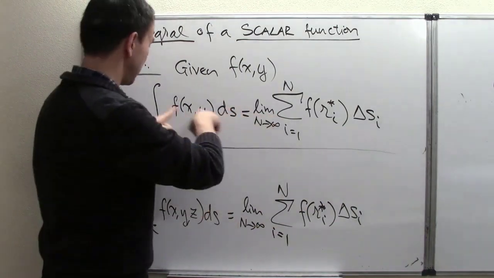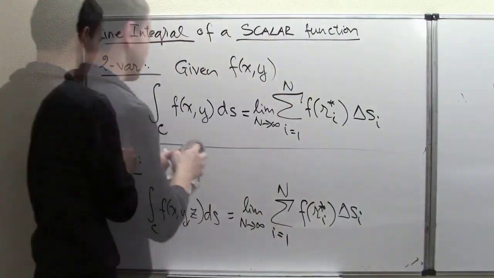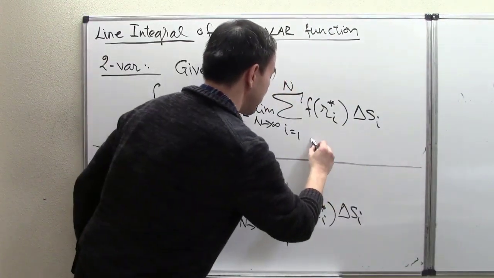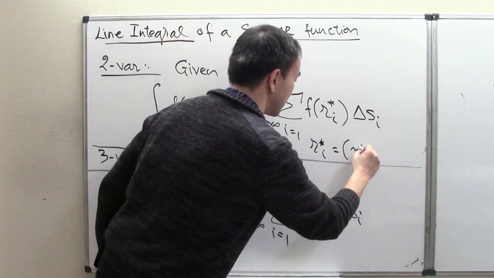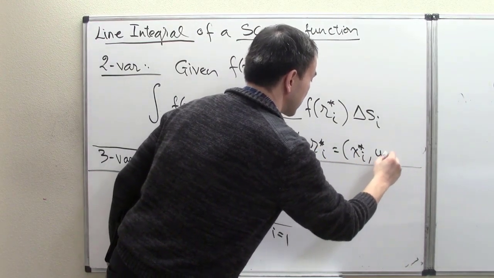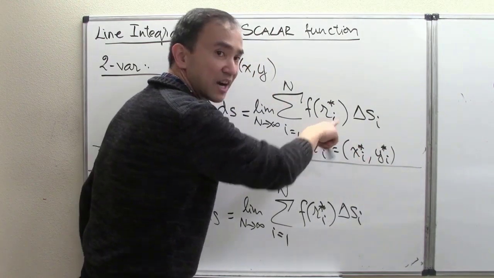And in the case of two variables, each r star i is the same as a pair of values x star i and y star i. If you would like to use that in place of r i, that's fine.